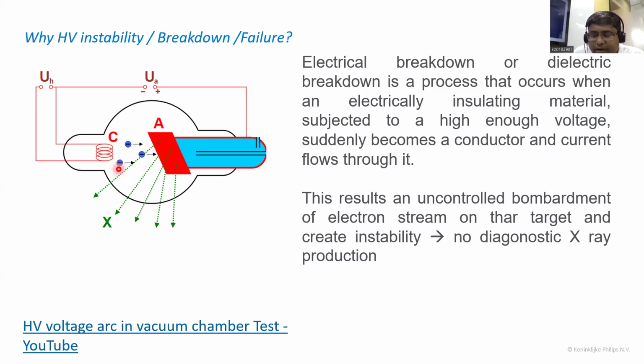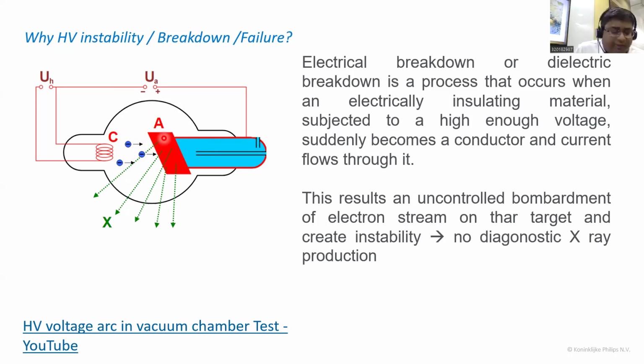In X-ray industries we call the arc a spit also. Spit is the short form of spurious instability and transiency. Instability means the insulation criteria between these two electrodes converted to a conduction criteria, hence we call it instability.